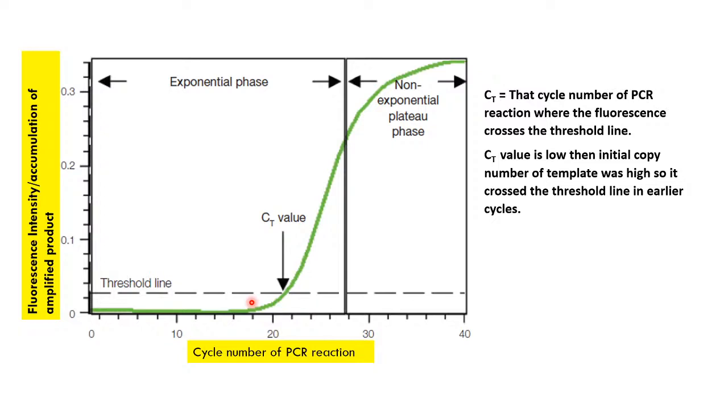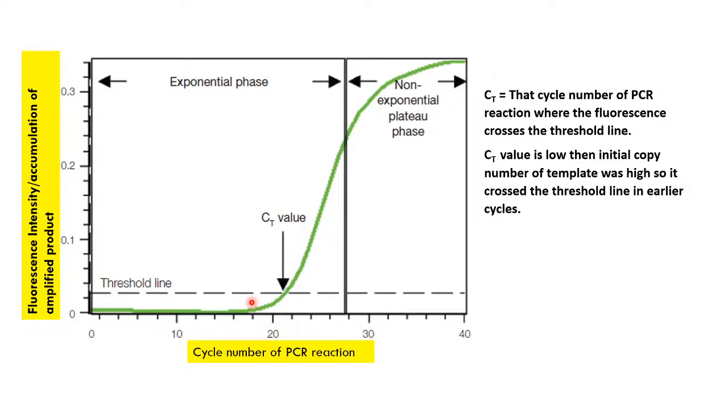If you start PCR with 200 cDNA molecules, and the CT value comes 20. So for 200, the CT value is 20. Now imagine you are starting from 200, then the reaction will go like this: 200 to 400, then 800, then 1600, then 3200, then 6800.